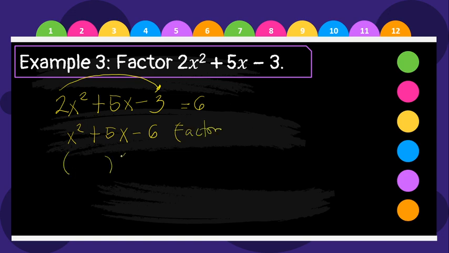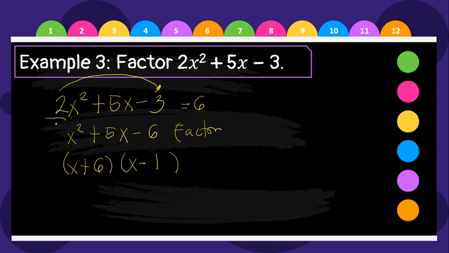The factors are one positive and one negative, because we have here one positive and one negative. Two numbers that when multiplied give negative 6 and when added give positive 5: the answer is 6 and negative 1. 6 times negative 1 is negative 6, and 6 plus negative 1 is positive 5.